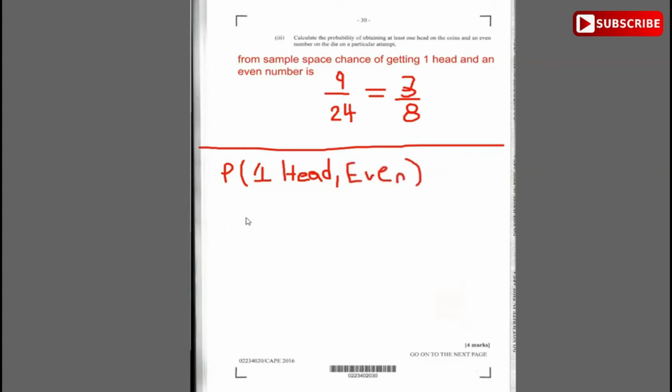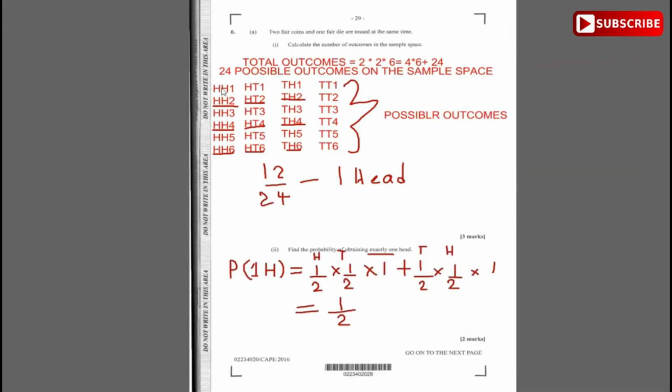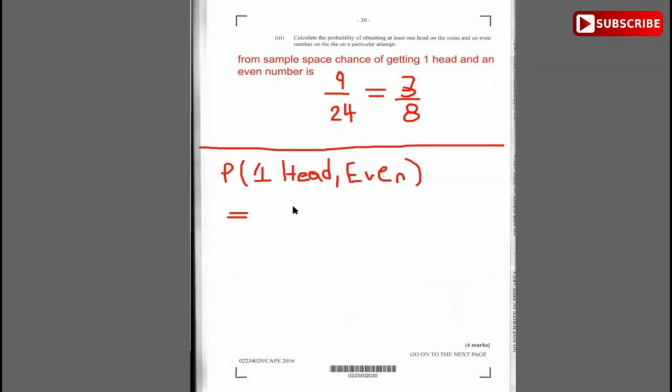The probability of getting at least one head is, these are independent events. The chance of getting at least one head is going to be 6, 12, 18 out of 24. The chance of getting at least one head is 3/4. You might wonder, how do I know that?